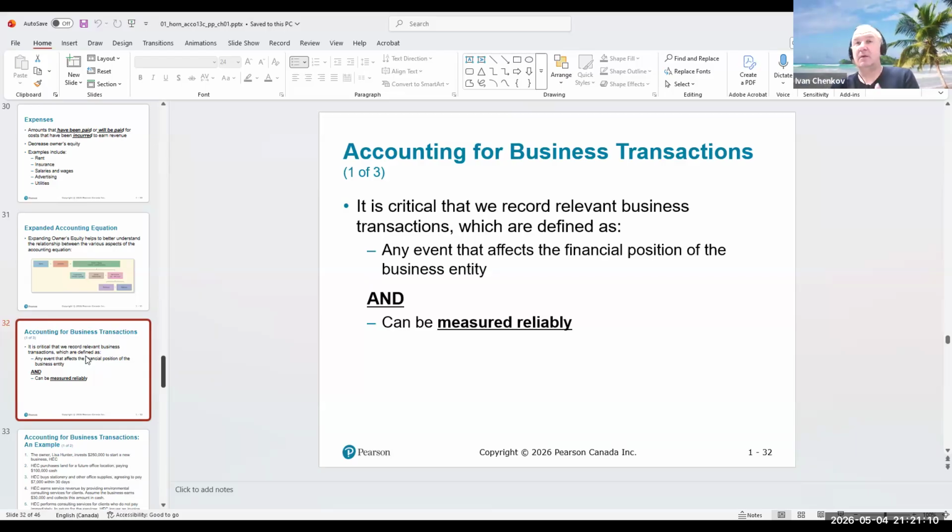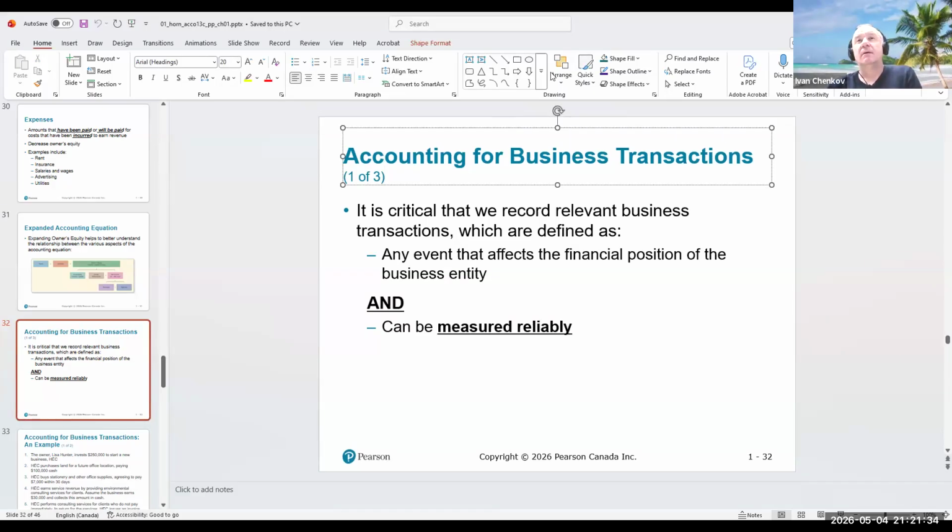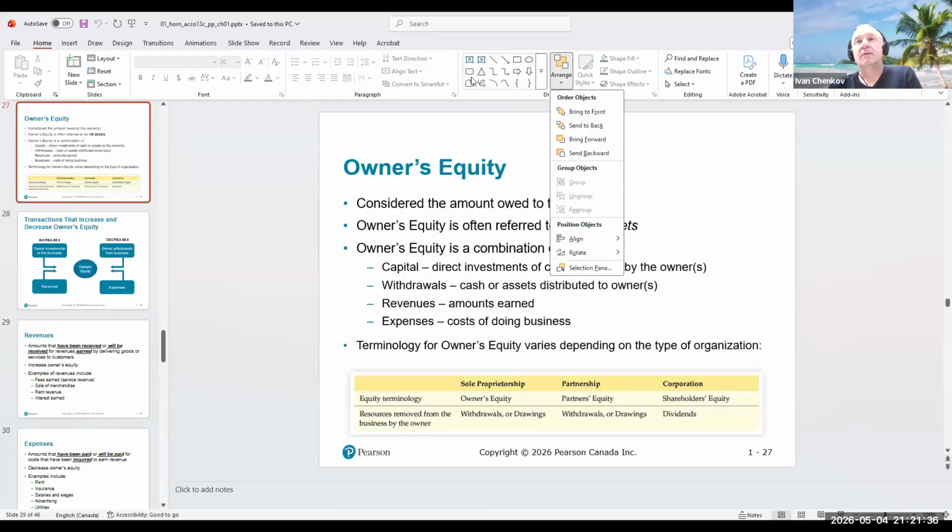We have to measure it, and that measure has to be reliable. How do we usually measure things? In dollars, or in currency. If you cannot measure it in currency, you cannot record it as a transaction. Make sense?